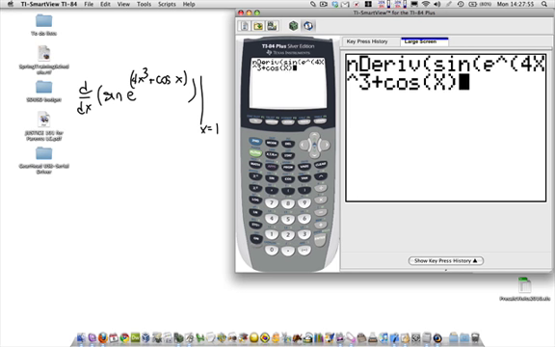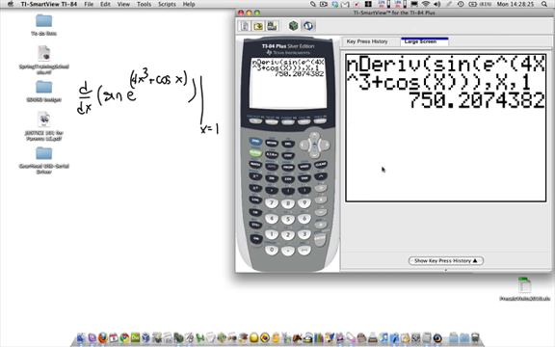So that closes the parentheses on the e to the 4x cubed plus cosine x, and that closes the parentheses on the sine. Does that make sense? Okay, good. Comma. With respect to x, we're going to take the derivative with respect to x at x equals 1.